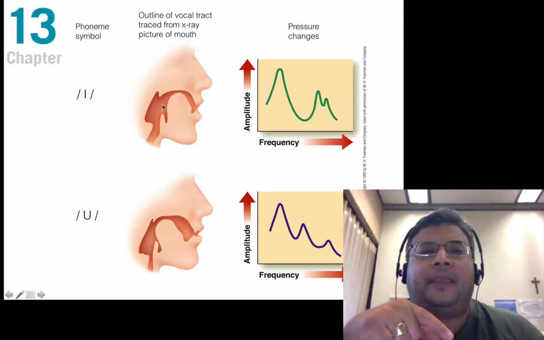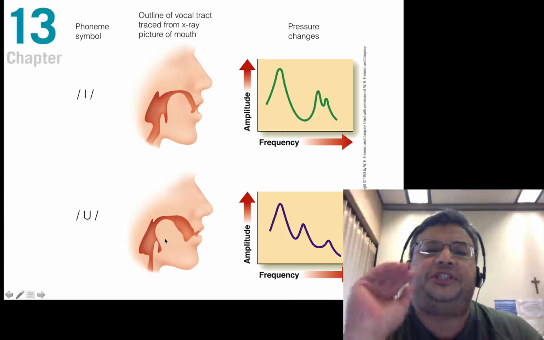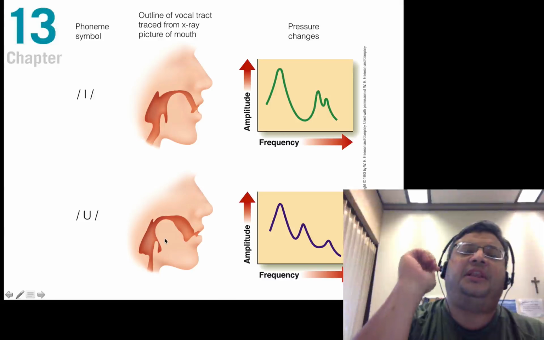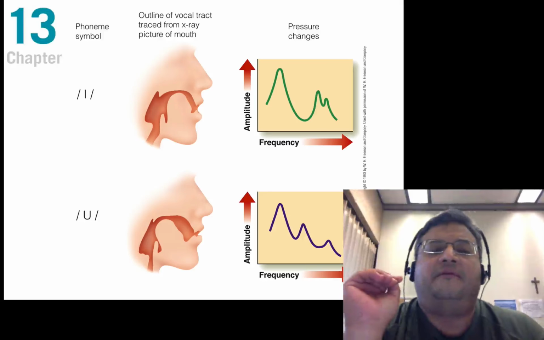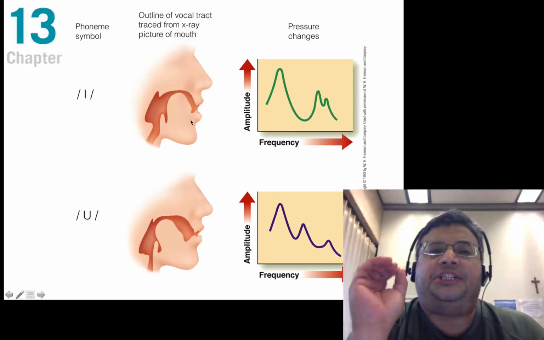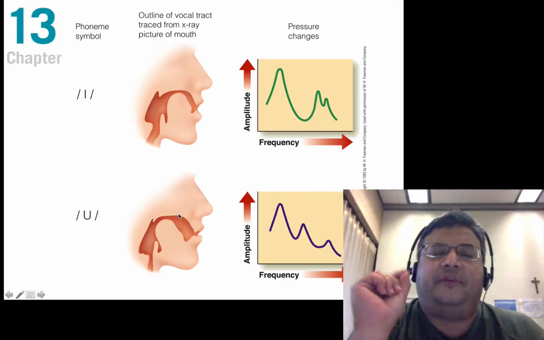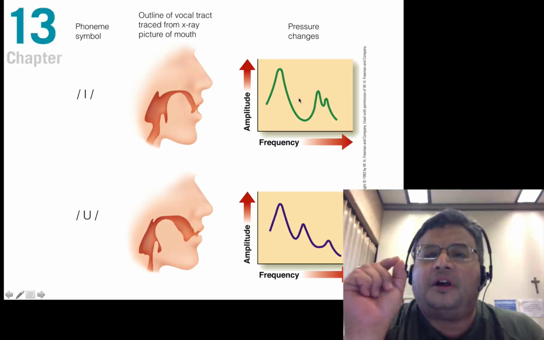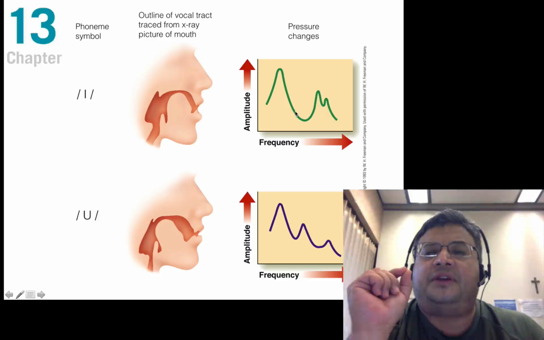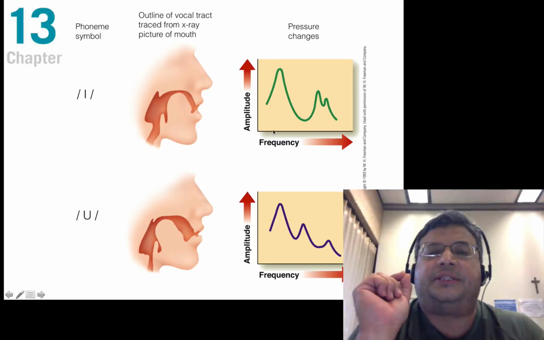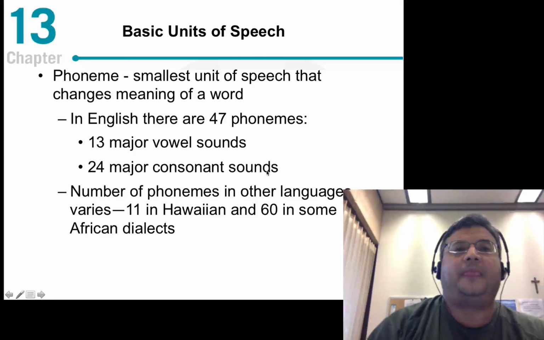Notice, if you look at this side view of the vocal tract, that there's no blockage of any part of the pathway. We're simply changing the shape of the vocal tract, and this change in shape, along with the change in the way the vocal cords are vibrating, causes a different set of frequencies to be expressed. The I is these frequencies, and the U is these frequencies right here.